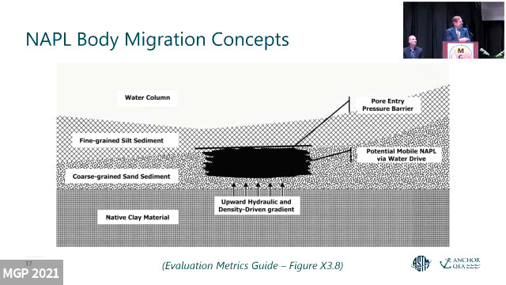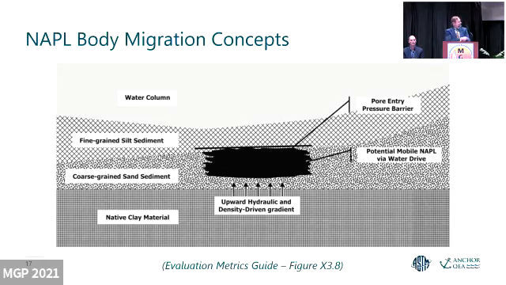So this dark colored blob shown here is schematically a NAPL body, and it's within sediment, and here is the mud line of the sediment, and there's surface water above it. So the next question is, can this NAPL exceed the pore entry pressure at the top? That's what we would need for there to be a potential risk that the NAPL would move upward.